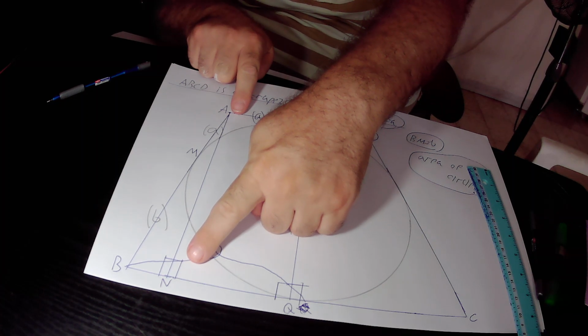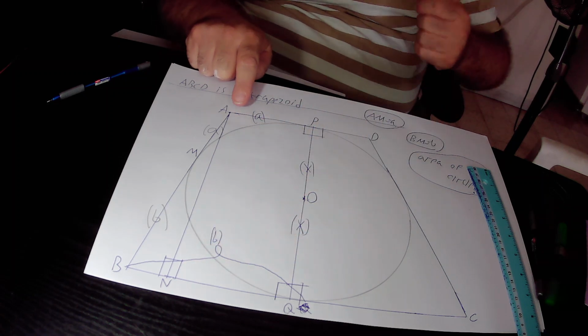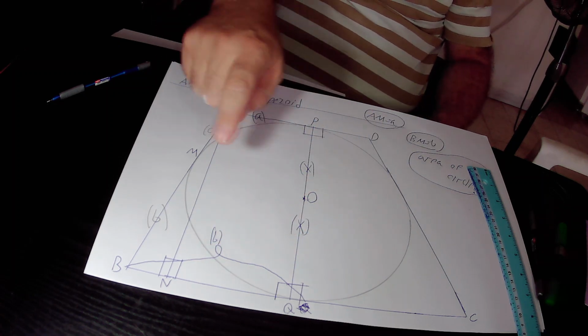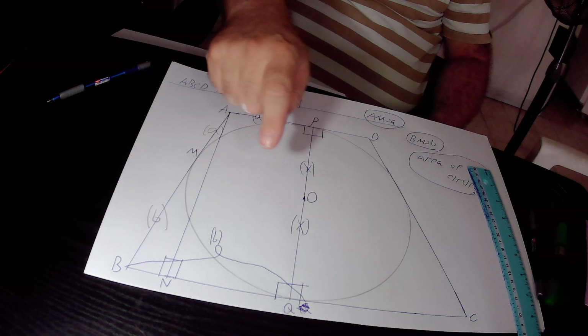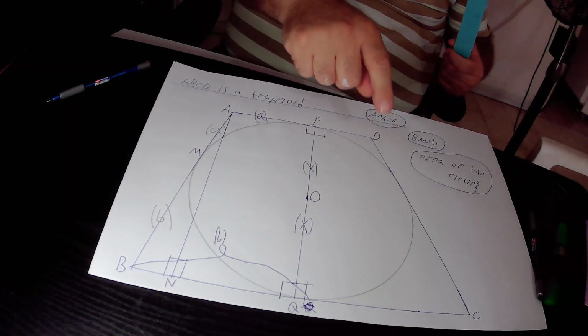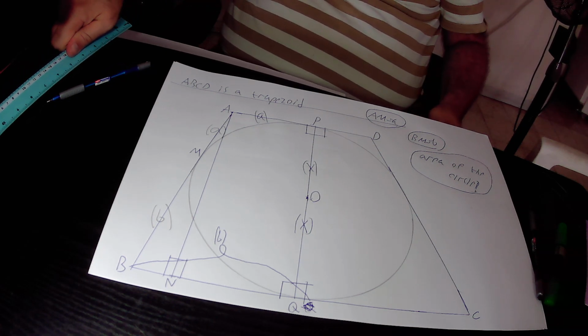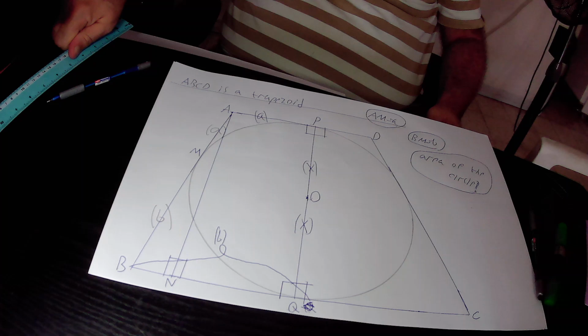Those two angles are defined as one-sided interior angles, and are located between the parallel lines AD and BC. Why is AD parallel to BC? Because ABCD is a trapezoid, and the definition of a trapezoid is a quadrilateral with one pair of parallel sides.